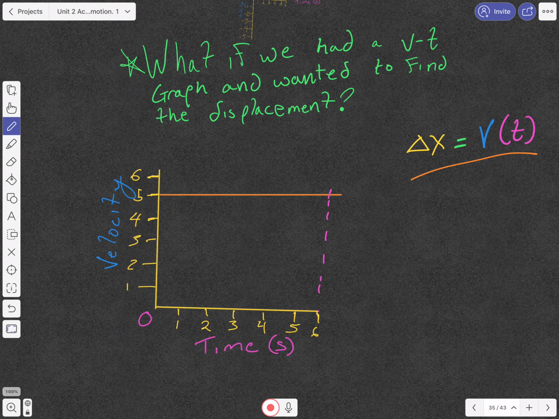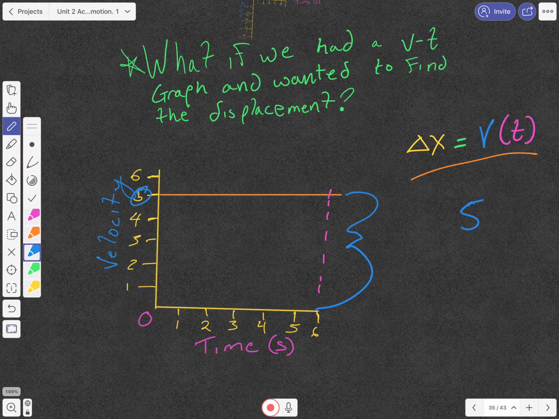So now our velocity here with a constant velocity time graph is really easy. It's going to be 5 all the way across. So for our velocity, we're just using this distance here, which is 5, from 5 to 0, meters per second.